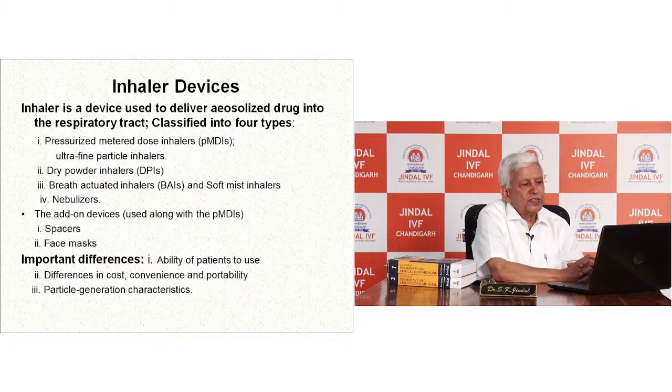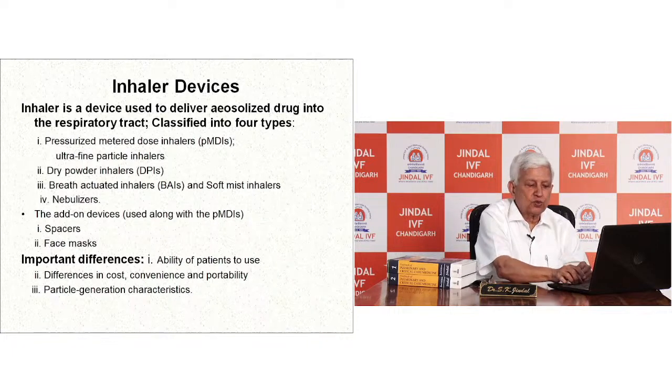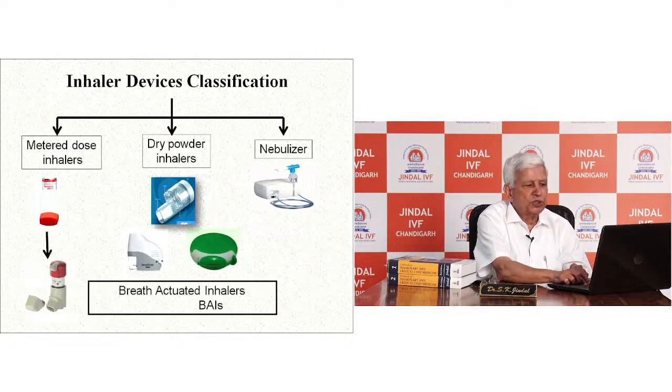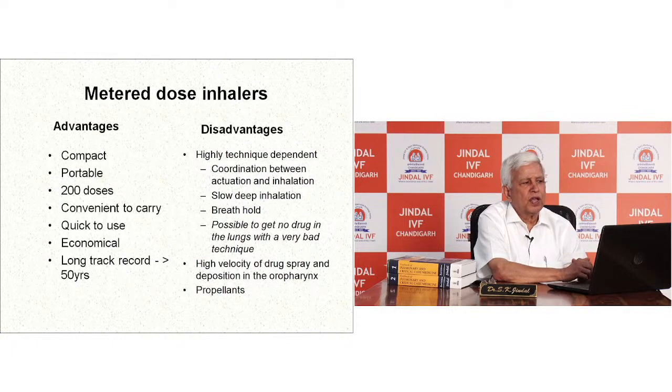The important differences among these devices are the ability of the patient to use different inhalers, the difference in cost, convenience, and portability, and the particle generation characteristics. So they are different with different types of inhalers. I think you are all familiar with the different types of inhalers available, some of which have been shown here, and there is plenty in the market these days.